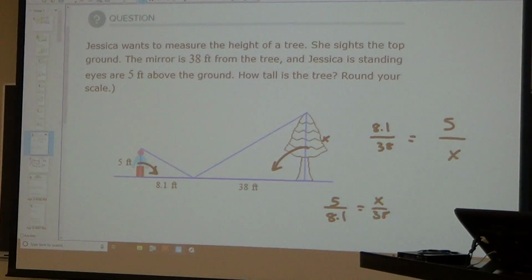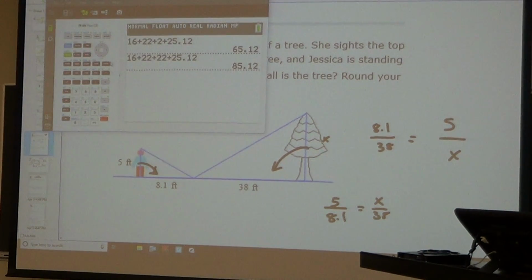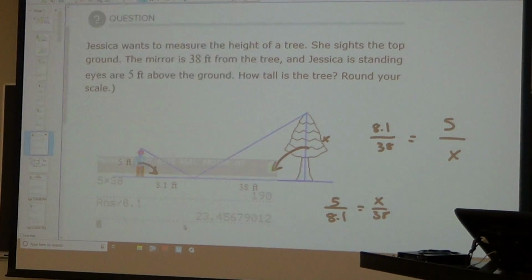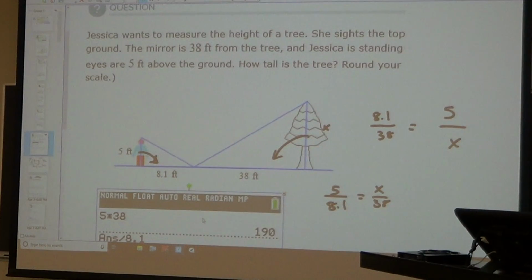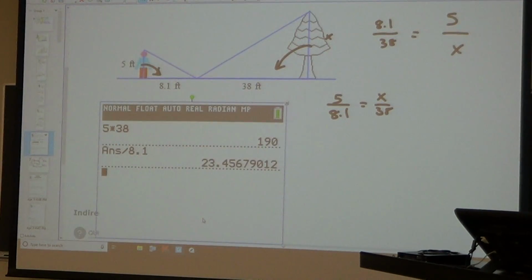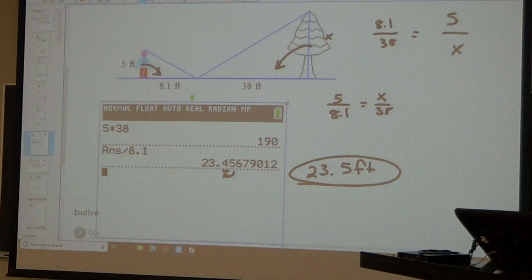So in my calculator to solve this one, it's going to be 5 times 38 divided by 8.1. And it says round it to the nearest tenth. What is this to the nearest tenth? 23.5 feet tall is the tree. And we never had to leave the ground.